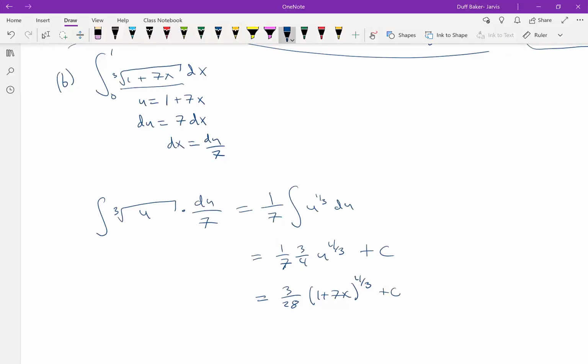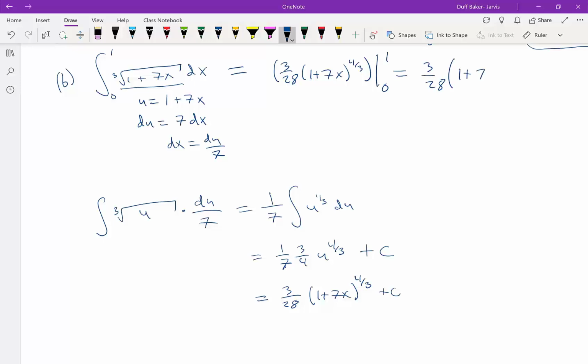Okay, so I found an antiderivative of the cube root of 1 plus 7x. So then all I would have to do is evaluate that between 0 and 1. So you'd have 3/28 times 1 plus 7 to the 4/3 minus 1 plus 0 to the 4/3.